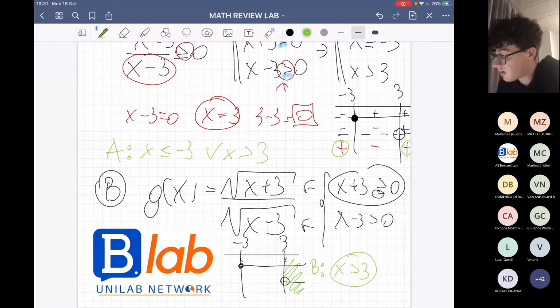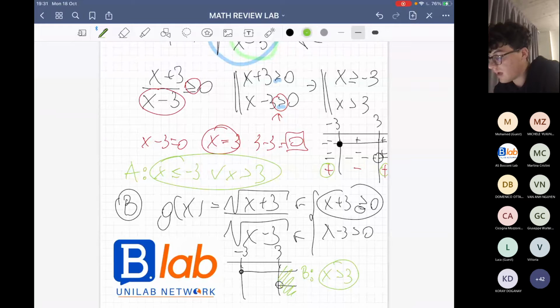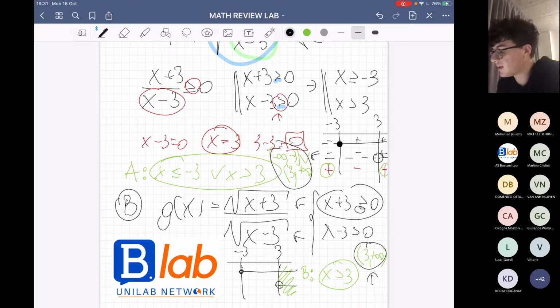So this is the natural domain of B. This is the natural domain of A. We can say that, of course, x greater than 3 is 3 to positive infinity. In this case, instead, it is minus infinity to minus 3 included, united to 3 to positive infinity. And of course, this is included in this one, because there is 3 to positive infinity here as well.